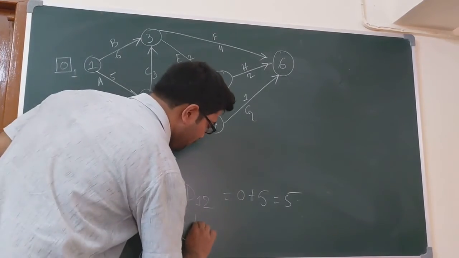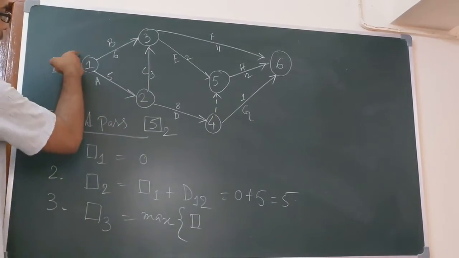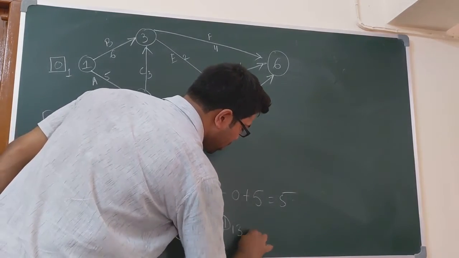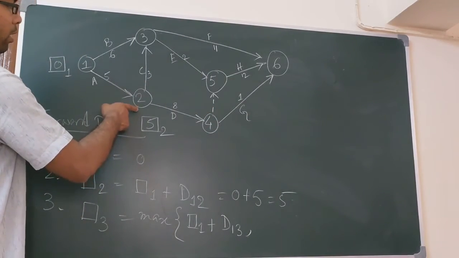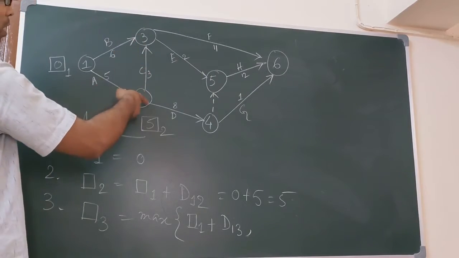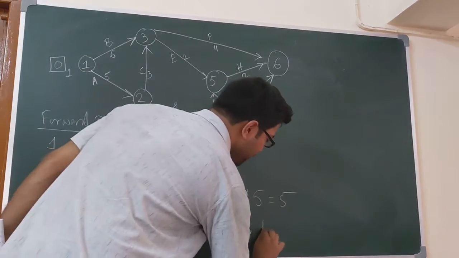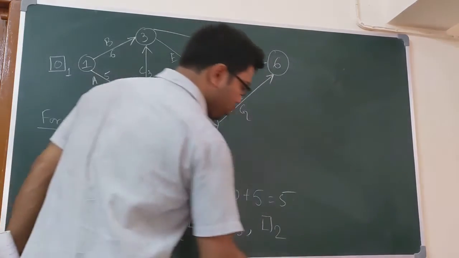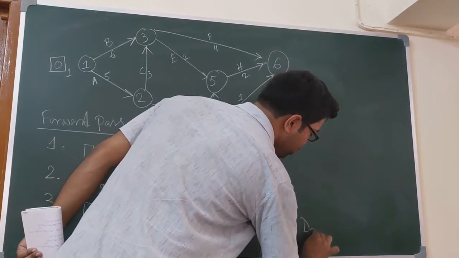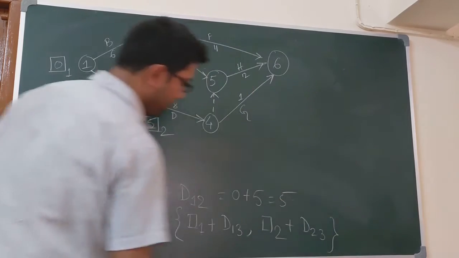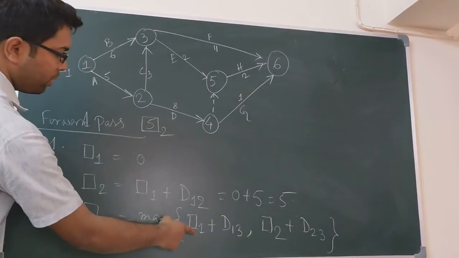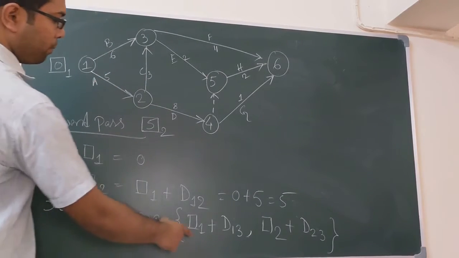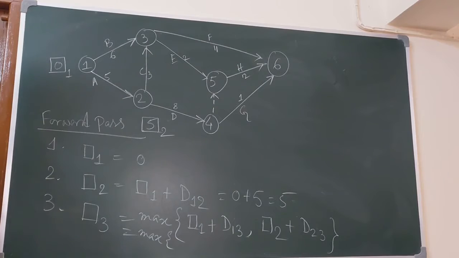Max of earliest occurrence of 1 plus G of 1, 3, comma. There is an edge from 2 to 3, that's why earliest occurrence of 2, already computed, box 2 plus G 2, 3. Okay. So, max of box 1, box 1 means 0.